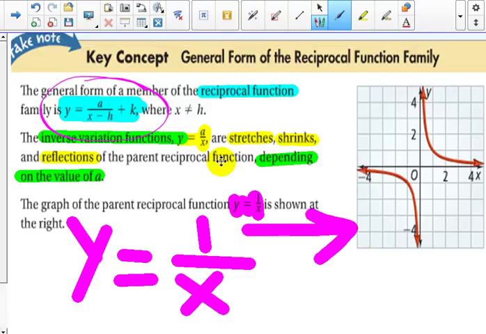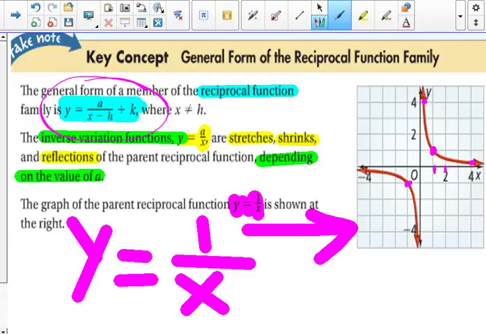Now, when we graph this, I'm going to point out a couple of things. Each one of these marks are 1. So notice that in the parent function, you're going to meet at 1, 1, and negative 1, negative 1. And then I always say at about 4, it's really, really close to the axes, x and y.